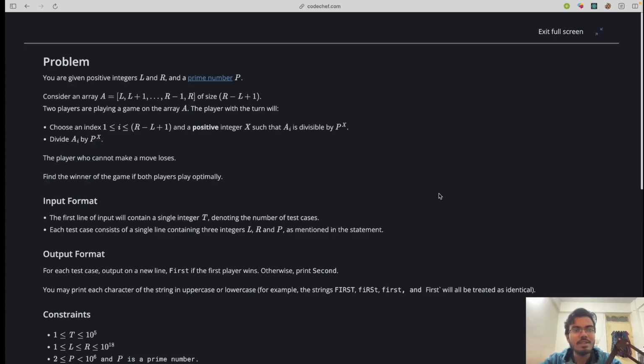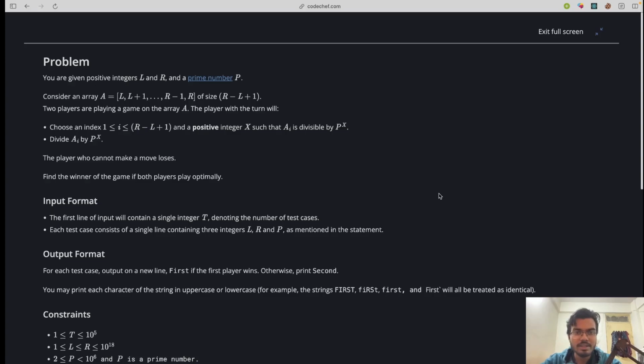The problem statement goes like this: you are given positive integers L, R and a prime number P. Consider an array A from L, L plus 1, up to R minus 1 and R, of size R minus L plus 1, and two players are playing a game on this array.